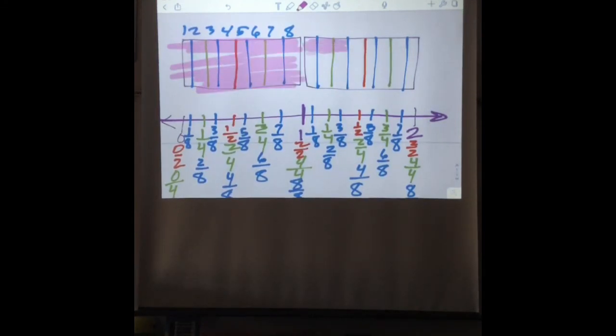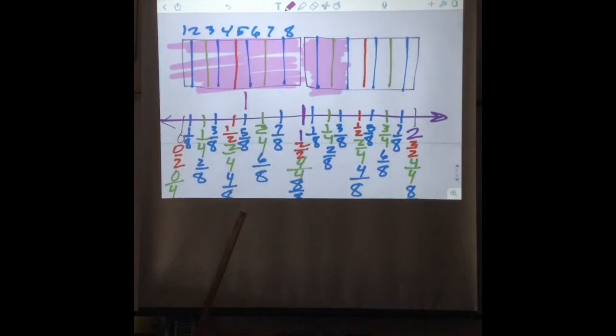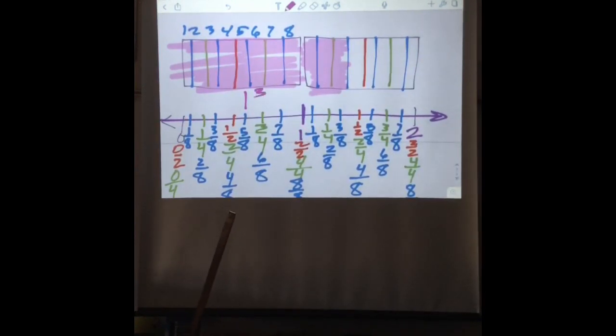and let's say this much. How much do I have? As a mixed number, well, I have one whole, right? So let me put my mixed number. Got one whole, and I've got 1/8, 2/8, 3/8. So I've got 1 and 3/8, which equals how many eighths if I just counted the improper fraction?